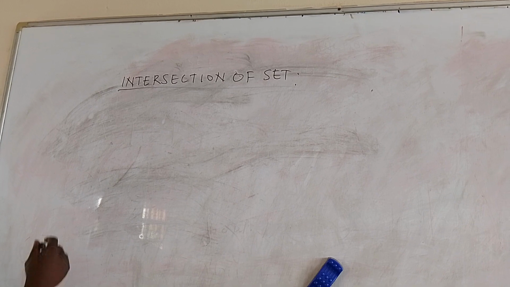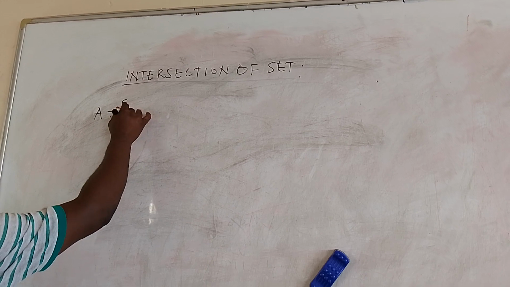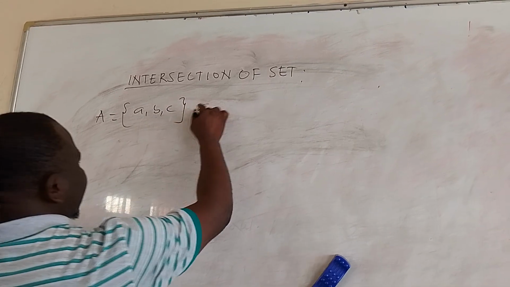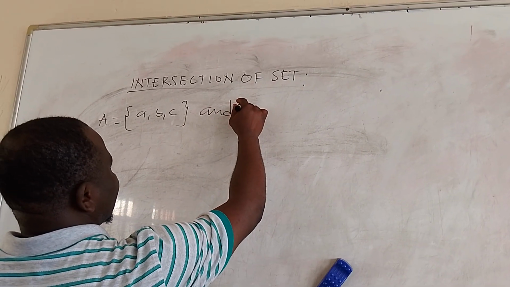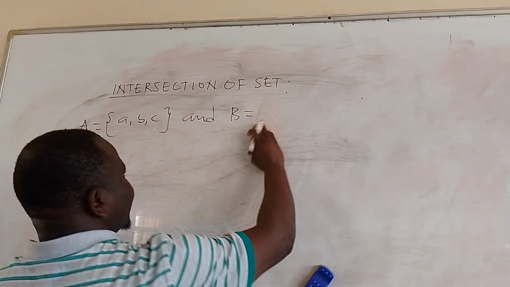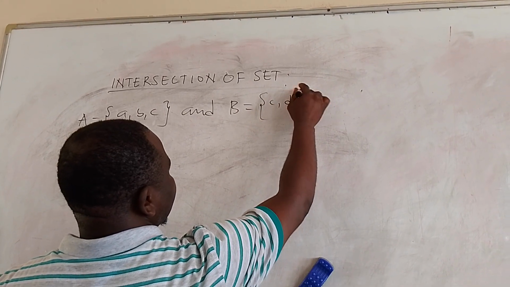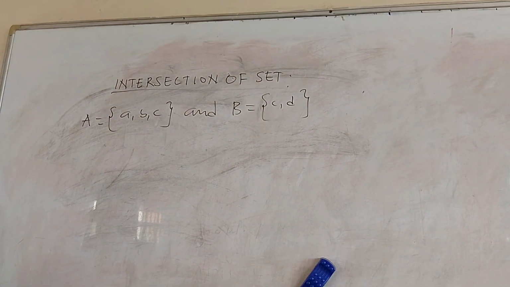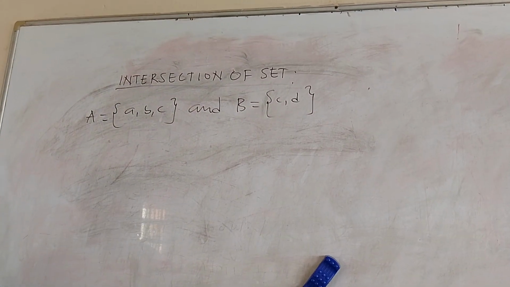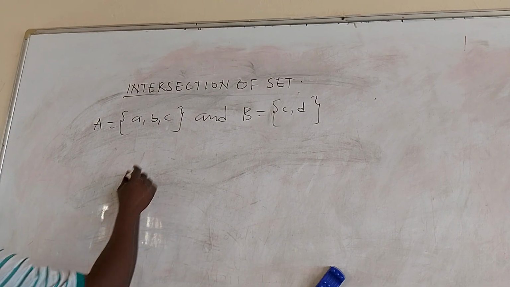So now, let's look at it mathematically. Given two sets, A is equals to {A, B, C} and B is equals to {C, D}, find the intersection between A and B. Before we look at this problem, intersection of sets is denoted this way.